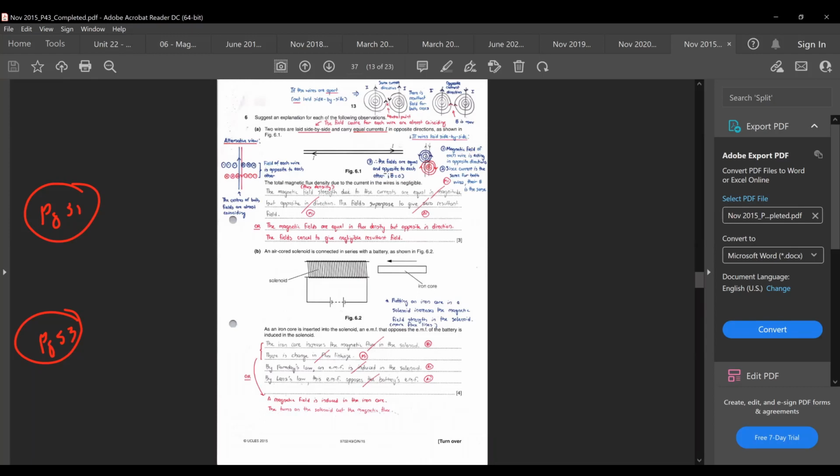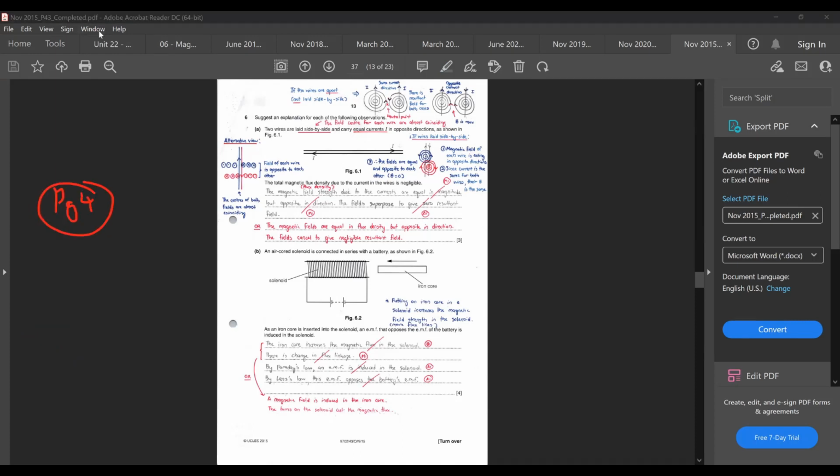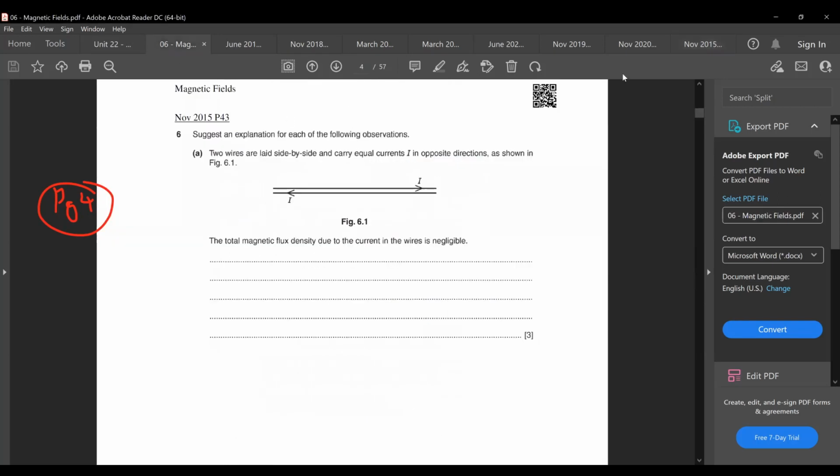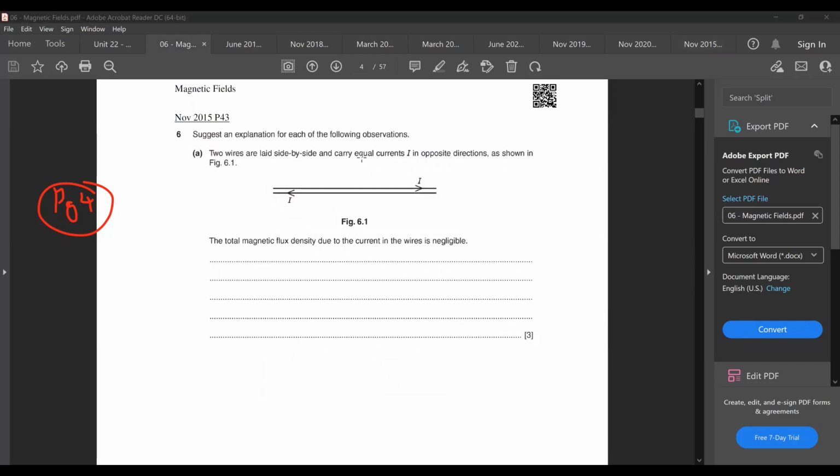If you look at page 4 of your notes, I'm just going to look through this one. They tell you: suggest an explanation for each of the following observations. If you have two wires that are laid side by side and carry equal currents I in opposite directions as shown in figure 6.1, why is it that the total flux density due to the current in the wires is negligible?